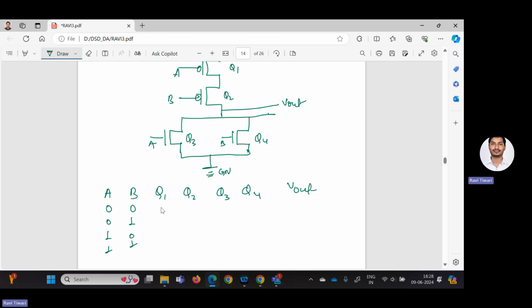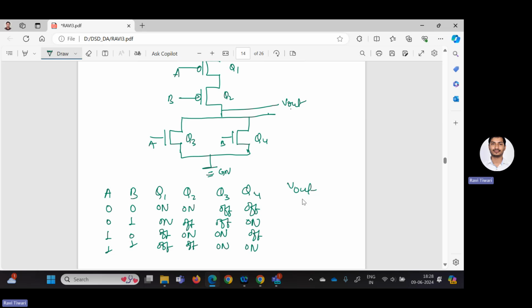As this is the PMOS, it will be on, NMOS off, on, off, on, off, on.